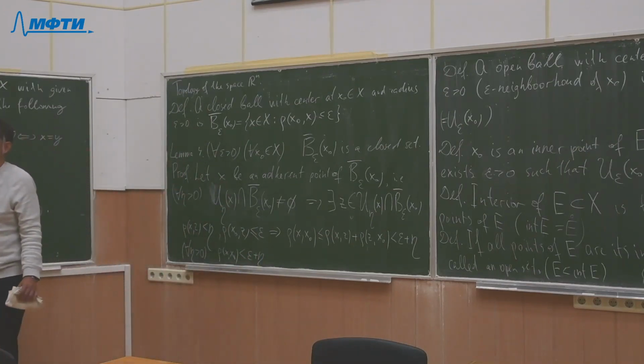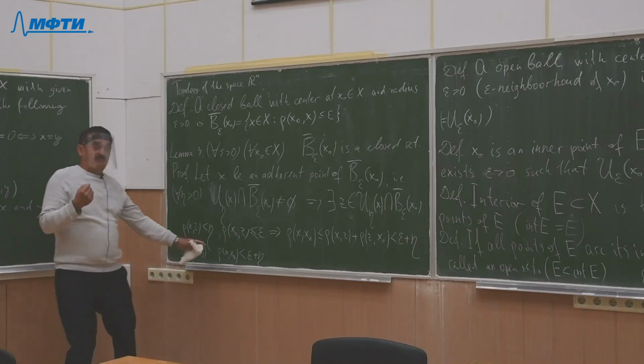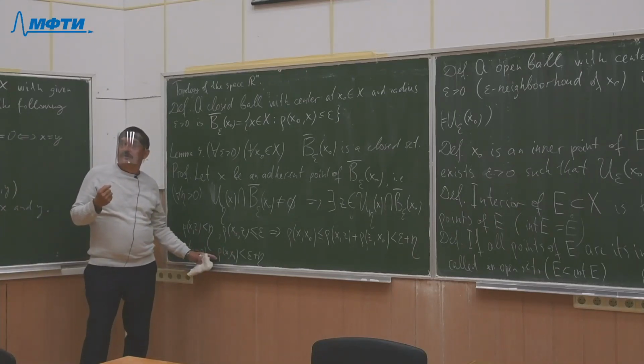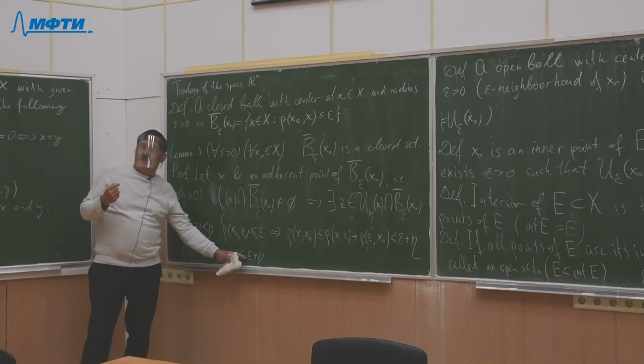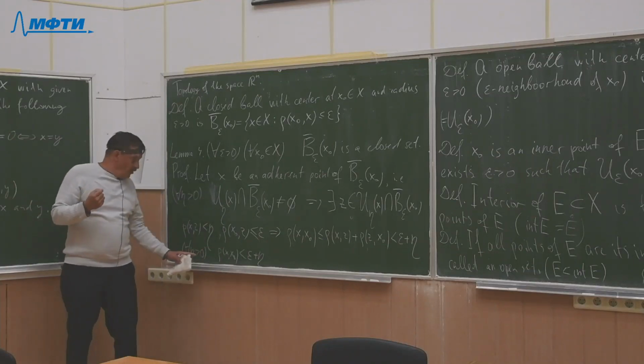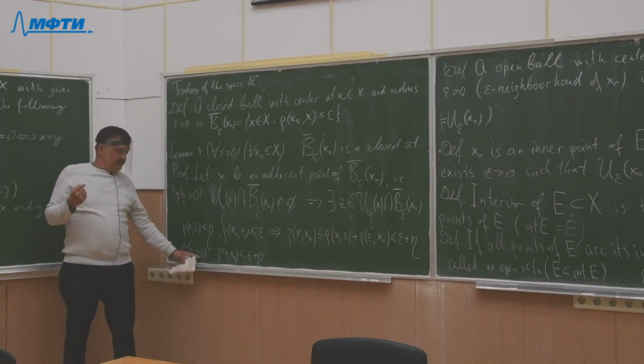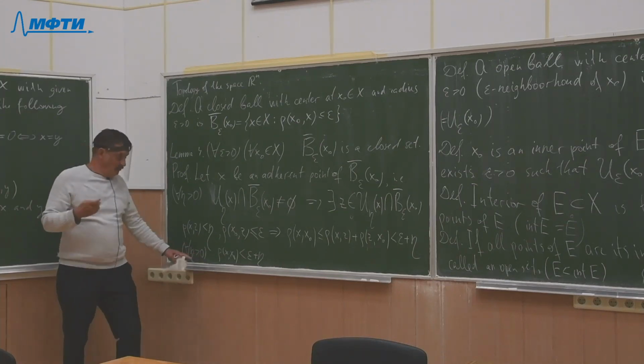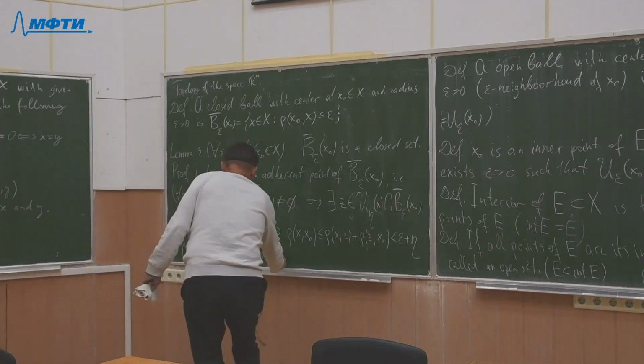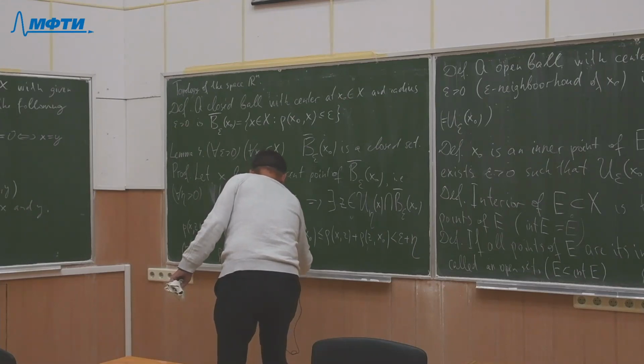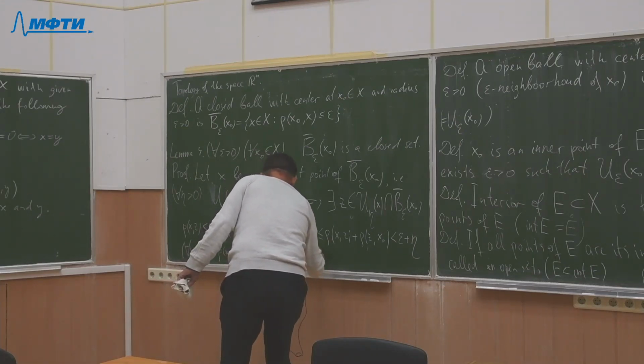Look, we have a fixed real number, but it is strictly less than epsilon plus eta for arbitrary eta greater than 0. Then what follows? It follows that this number is less or equal than epsilon, right?